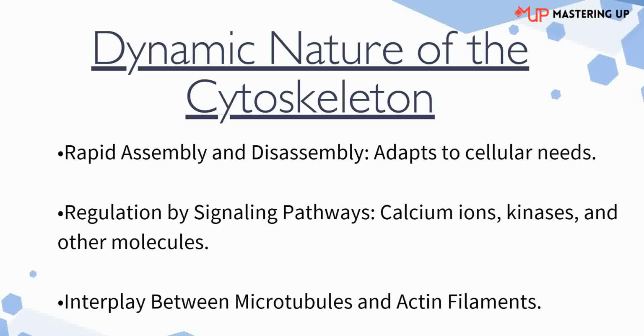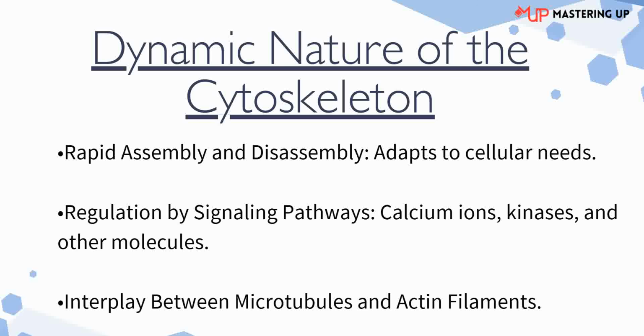The third point is the interplay between microtubules and actin filaments. Microtubules and actin filaments are two primary components of the cytoskeleton. They often work together to maintain cell shape, facilitate intracellular transport, and enable cellular movement.